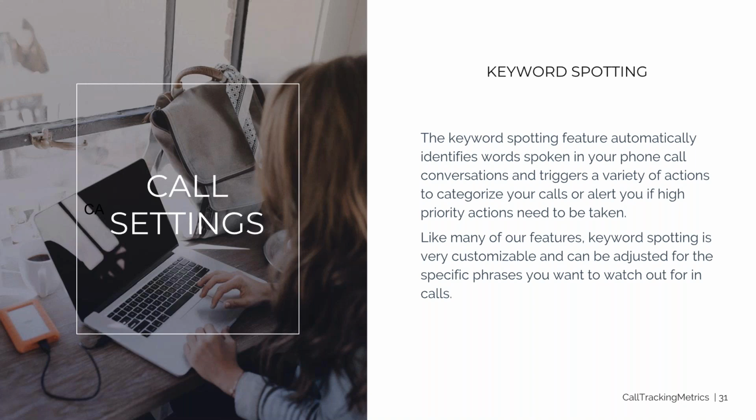Like I said, I used to be the marketing manager here before I went into this product coach role, and we use this stuff all the time, and it's very powerful. But now that I'm in this new role, I still use our keyword spotting. This is a fun use case: we use it for internal contests. For the Academy, for example, when we first launched this in the spring, we created a keyword for every time somebody says Academy or CTM Academy, and we ran a contest for our staff.